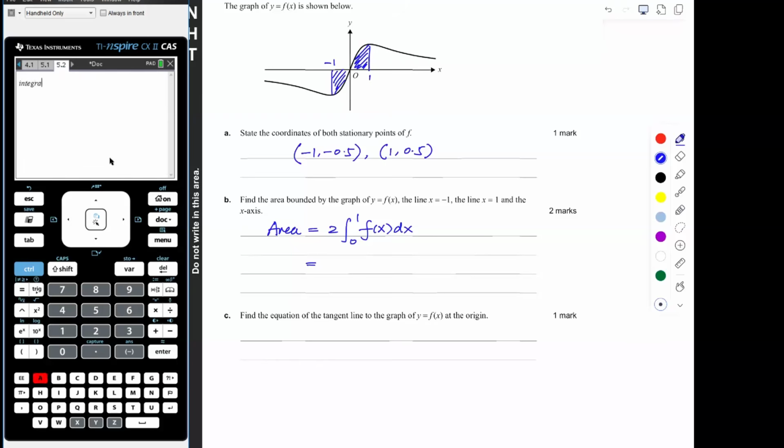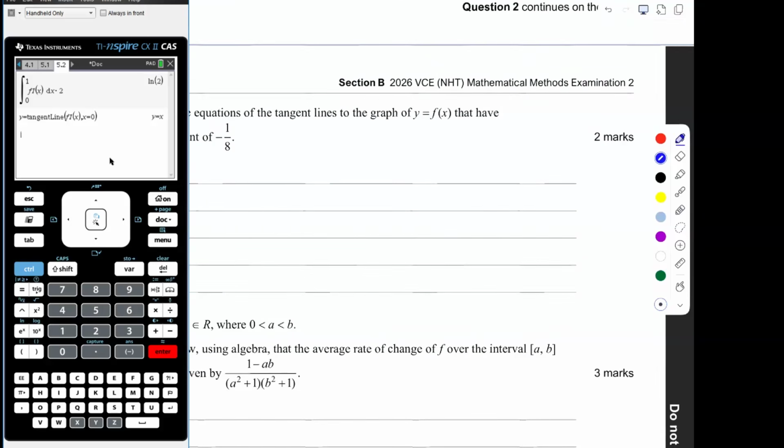And the equation of the tangent line through the origin: f'(0) gives y equals x. Very simple. Next, the equations of the tangent lines to the graph that have a gradient of -1/8.